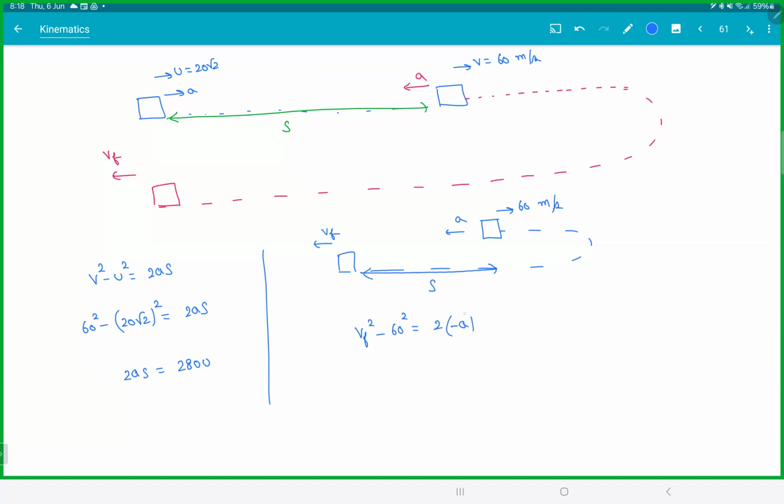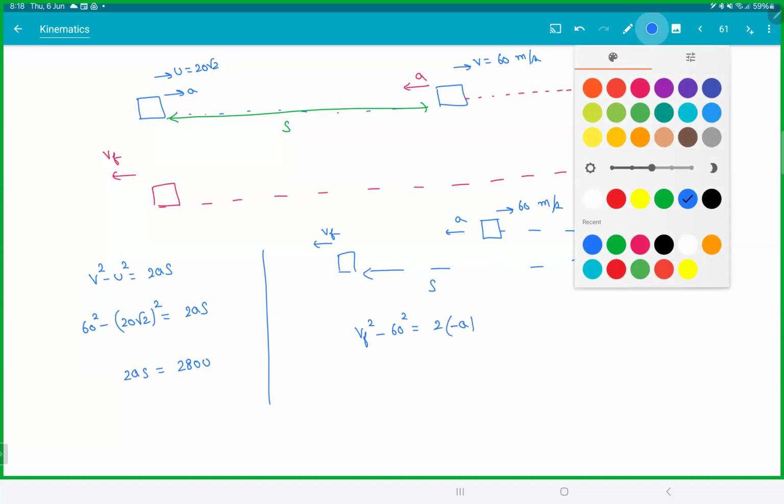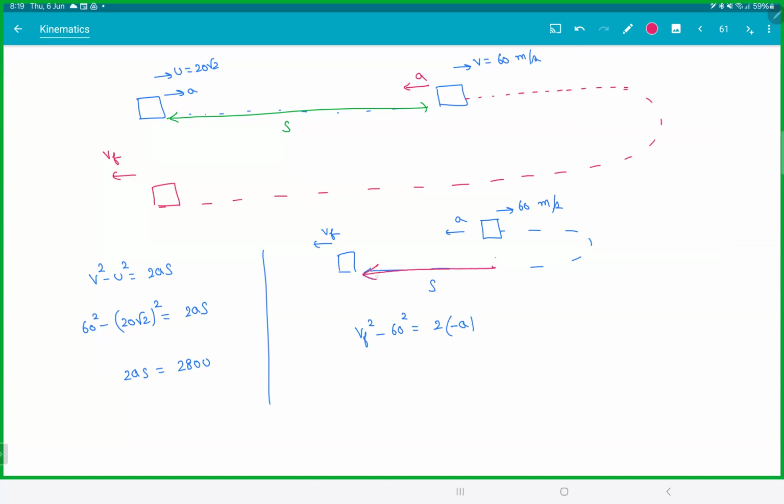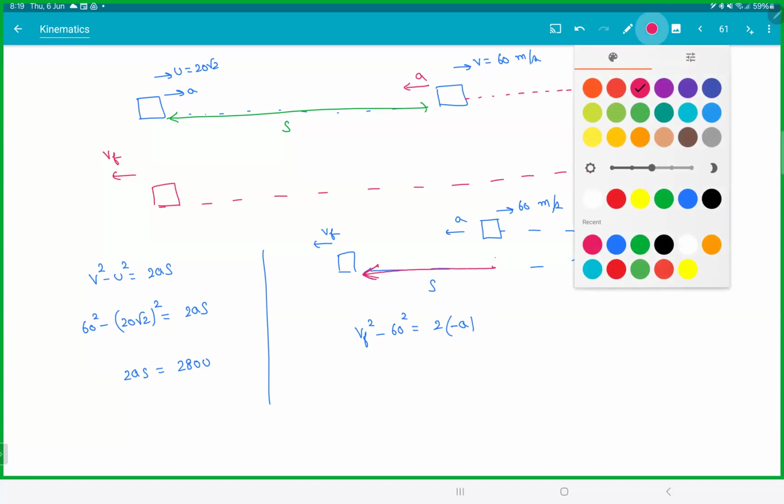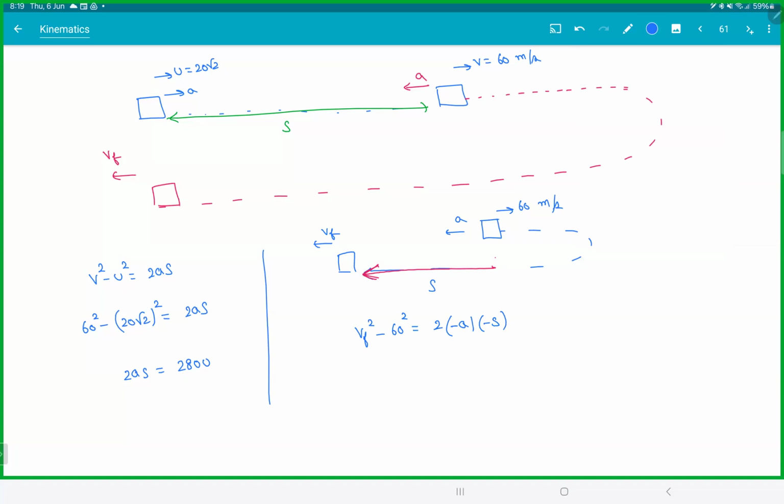A is negative because it is backward. Displacement is also negative because initial to final, look at the arrow, the displacement is also backward, minus S. You're starting here and you're going back. So both the displacement and the acceleration are negative. So V final square will be 3600 and 2AS is 2800. This comes out to be 6400, so V final is 80 meters per second.